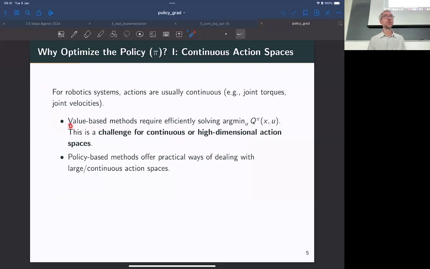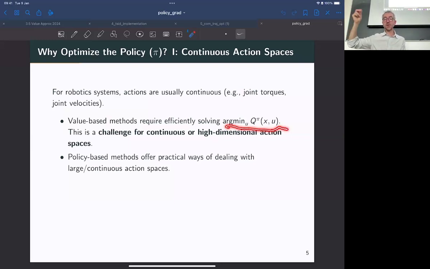If instead we look back at what we were doing with value-based methods, since your key objective is to learn the action value function Q, then to figure out what action you should apply, you need to solve this minimization problem. You need to find the action that minimizes the Q function.